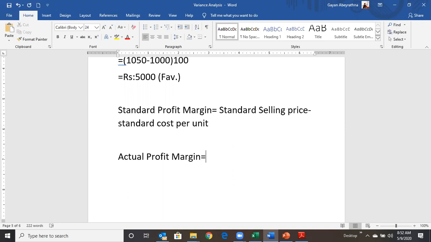We need to deduct standard cost per unit from the actual selling price. Actual selling price minus standard cost per unit.